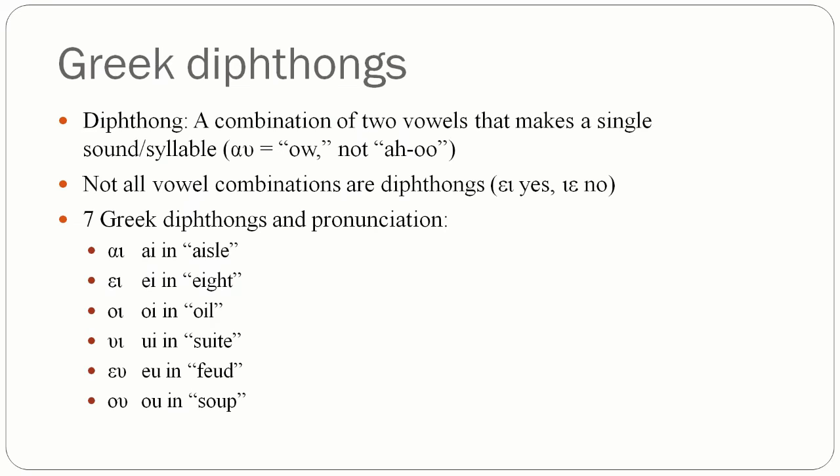Some of them would be diphthongs, alpha iota, omicron iota, omicron upsilon, and some of them would be combinations that are not diphthongs. For example, iota omicron is not a diphthong. The other way flipped around, omicron iota is, but iota omicron is not. So be able to identify those and know which combinations fall into that category.